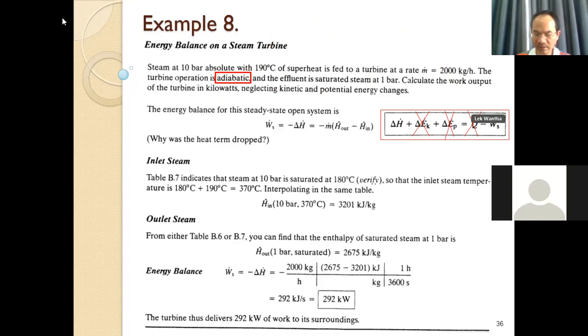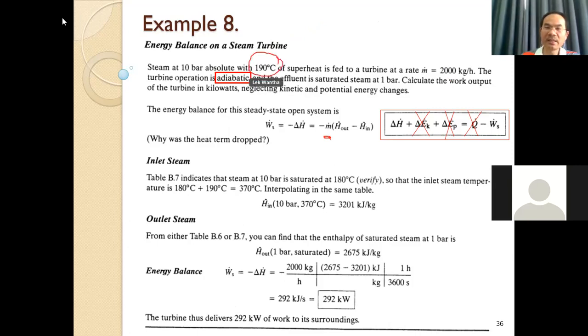For this case, delta H equals Q minus Ws, so Ws equals minus delta H. That is, minus m dot times (H out minus H in). Okay, for this case, we have to calculate the inlet.